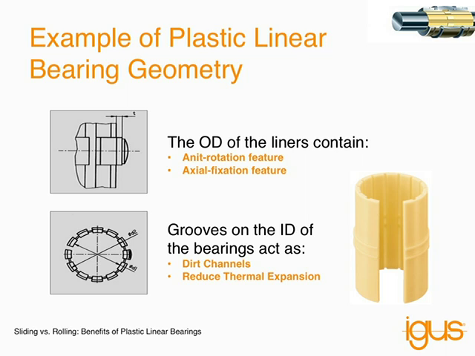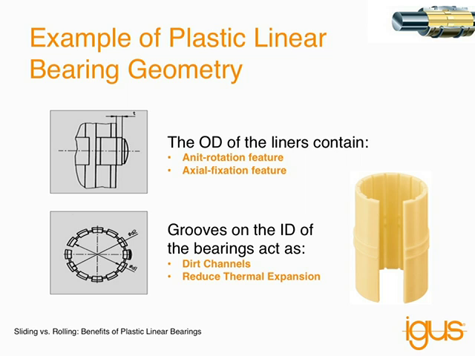Very important on the inner diameter of plastic bearings from igus especially are grooves. And these grooves serve two purposes. One is that they are dirt channels, so if you're in an application that's heavily contaminated by dirt, soil, or particles, they can act as a channel for that media. But maybe even more critically, they're able to reduce the amount of thermal expansion of the ID of the bearing towards the shaft.